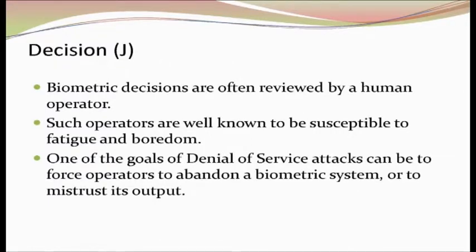The other one is the decision. Even if you get the matching score, now you have to take the decision whether it is accepted or rejected, right. And because it is the last component, after that a person will be allowed to enter or will be rejected, right. So, what do we do?